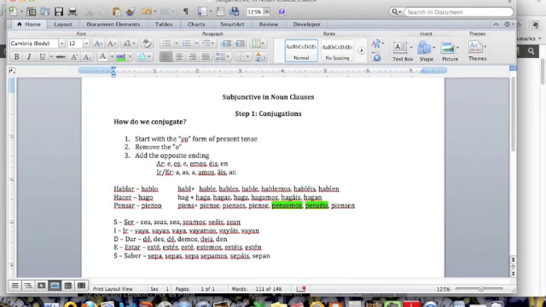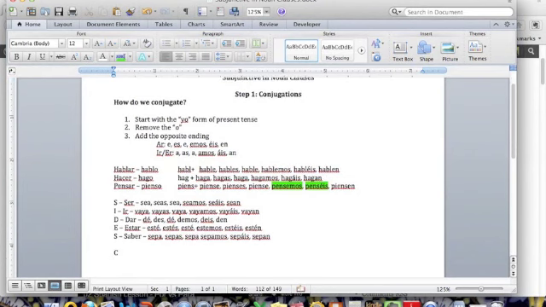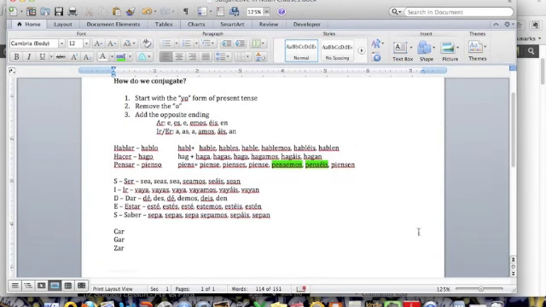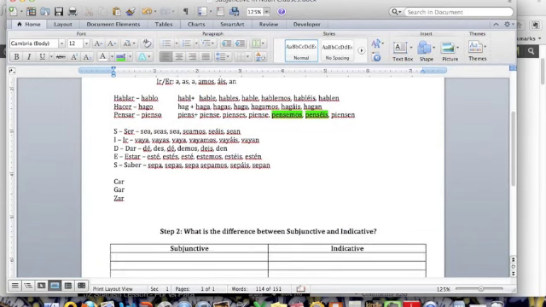Can we think of any other areas where we may have a difference in spelling? I can think of verbs like car, gar, and zar verbs. Car verbs, like practicar, when I put it in the yo form, is practico.